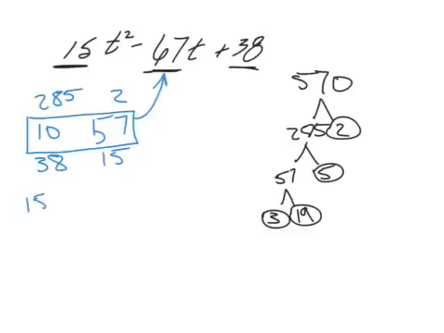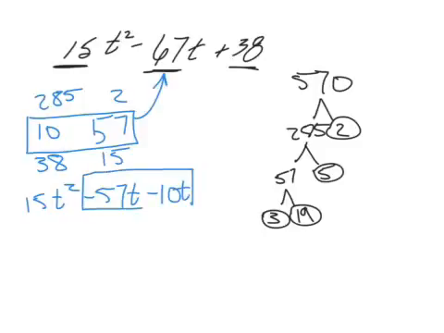So I'm going to rewrite this as 15t squared minus 57t minus 10t, because if I subtract them both, I get my negative 67, and that has to be the factors.